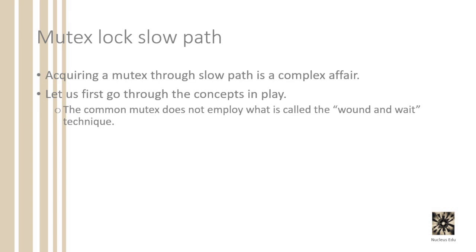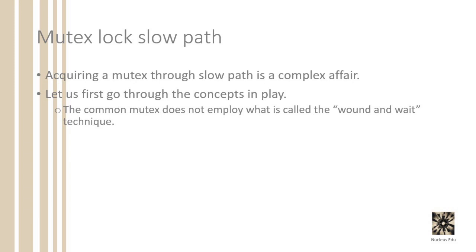One thing to point out here is that the common mutex does not employ what is called the wound and wait technique. There is a special technique called wound and wait, and you can see it in the slow path code.